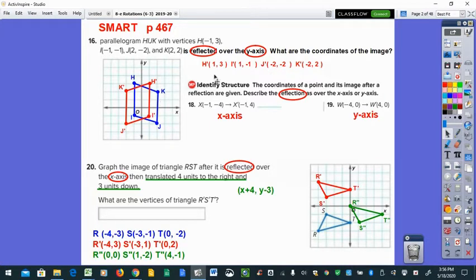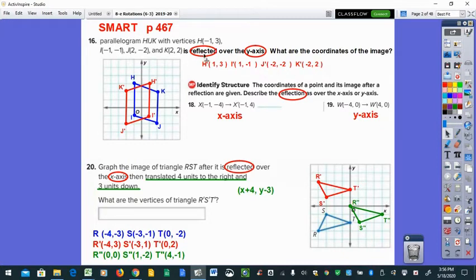The other way to do it is to remember that when you reflect over the y-axis, the y-coordinate is going to stay the same, and the x-coordinate will change its sign. So the H prime kept the 3 as the y, but became a +1. And if you'll notice, all 4 of the coordinates have the same y coordinate, but the x coordinates change sign.